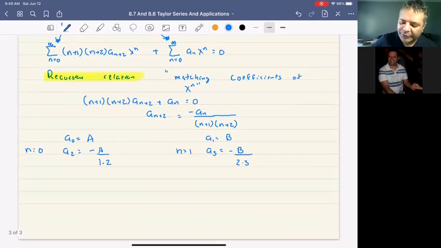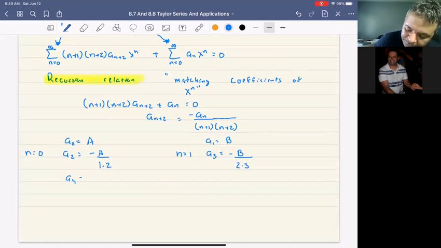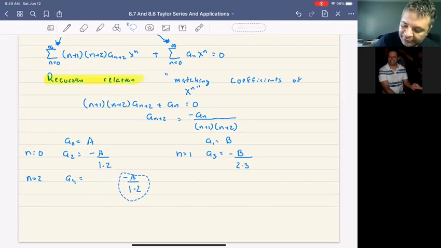Let's go again with a sub 4. That's n equals 2. So that's going to be negative a sub 2, which is negative a over 1 times 2, times 1 over 3 times 4.